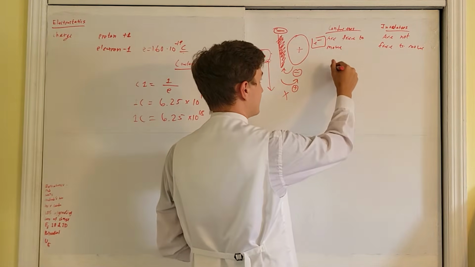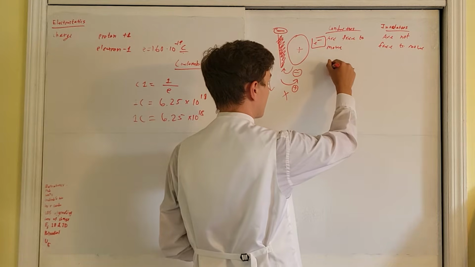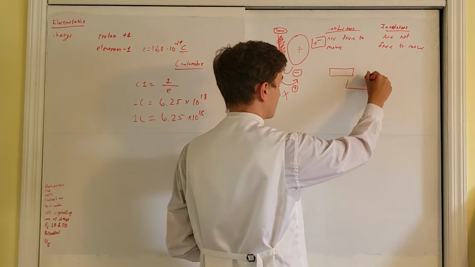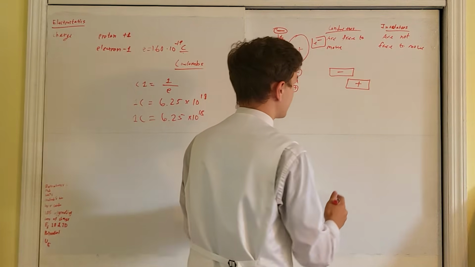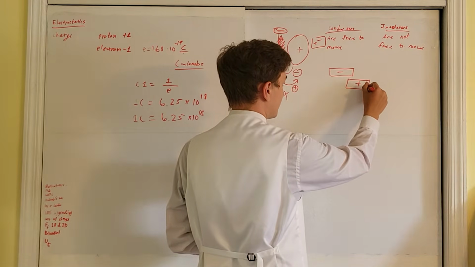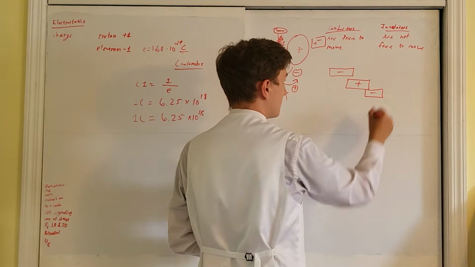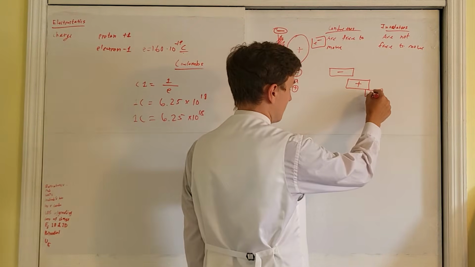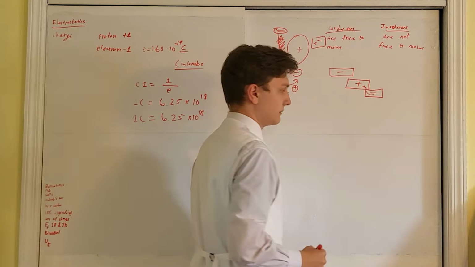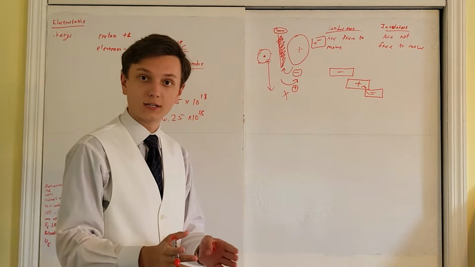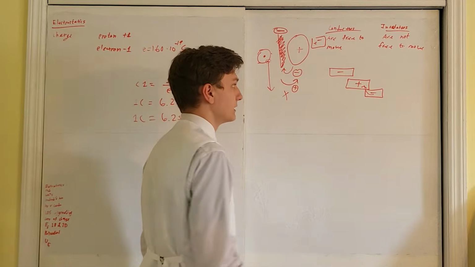If I had a conductor, like a big block of iron, and another conductor, like a big block of steel, and this one had a positive charge and this one had a negative charge, if I brought the two together and I touched them to each other, what do you think is going to happen? All the electrons from the negatively charged block will flow to the positively charged block because they're conductors and the electrons will freely move between them.